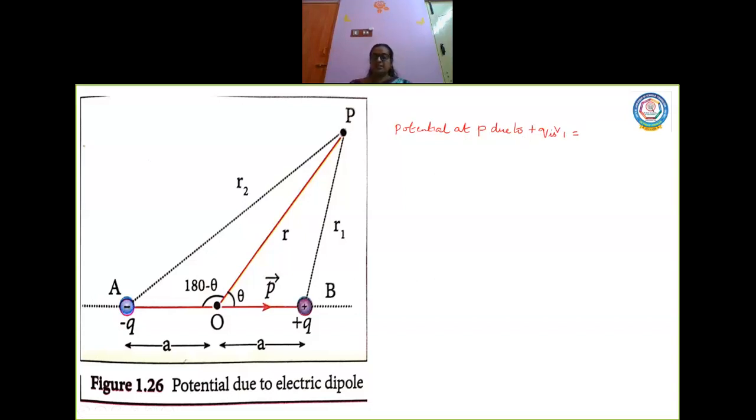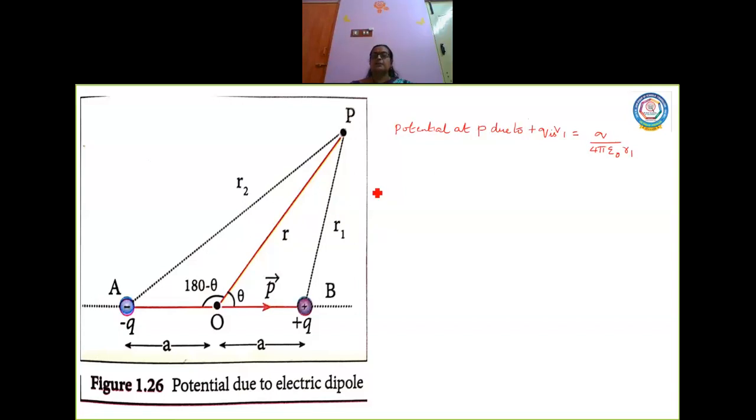So V1 is equal to Q by 4 pi epsilon naught R1, since the distance between plus Q and P is R1.